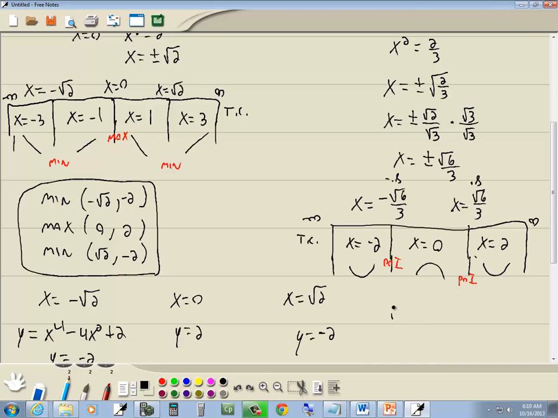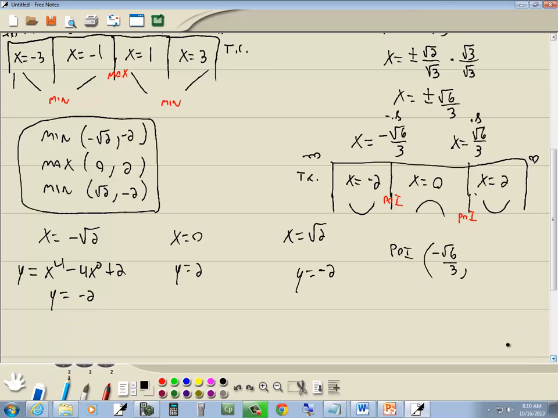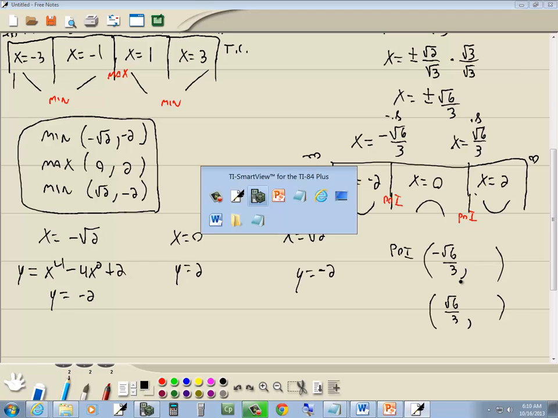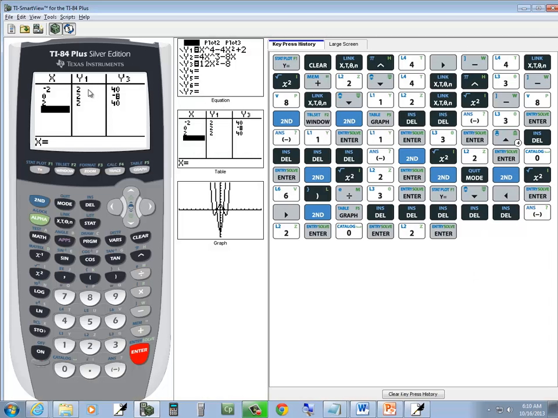Now as weird as it seems, these come out nice. So we got POI at -√6/3, comma something. And we also got one at, excuse me, √6/3, comma something. Now we want to plug these back into our original function. Now remember, our original function was y1.